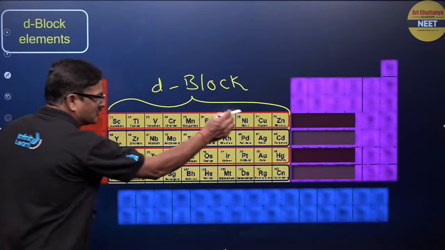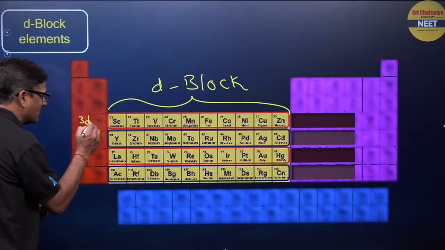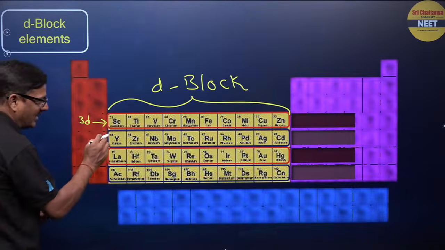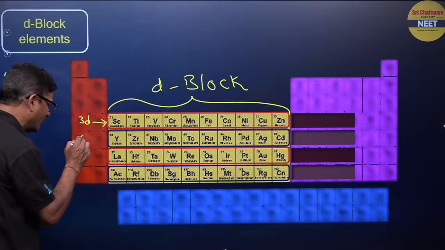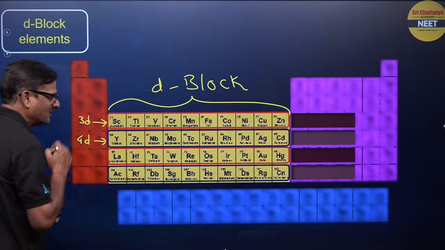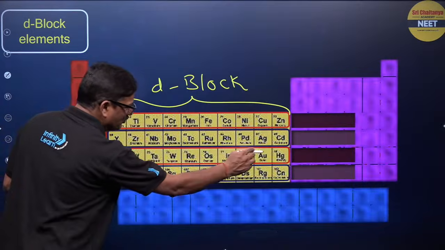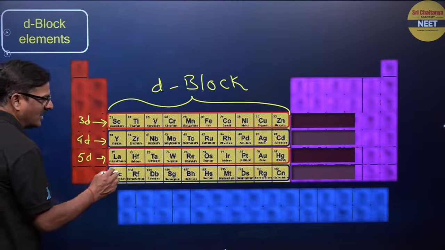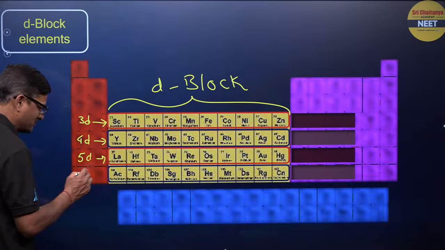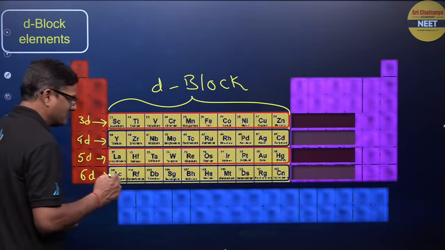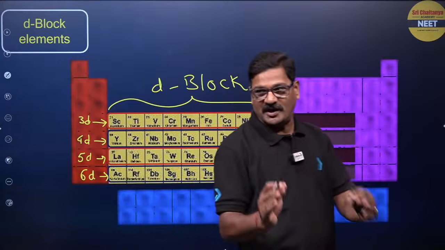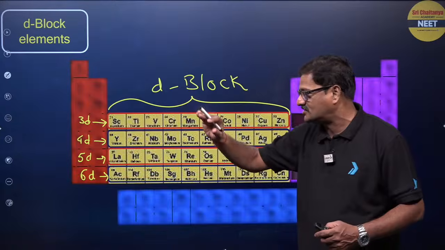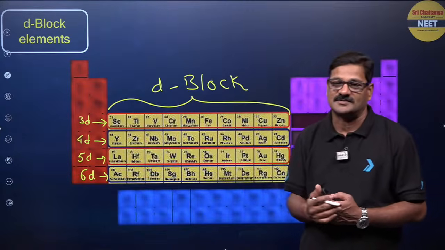From scandium to zinc, 3d orbitals are being filled. From yttrium to cadmium, 4d orbitals are being filled, from lanthanum to mercury, 5d orbitals are filled, and from actinium to copernicium, 6d orbitals are filled. You need to know which orbital is being filled. So these are called the first transition series, second transition series, third and fourth transition series.